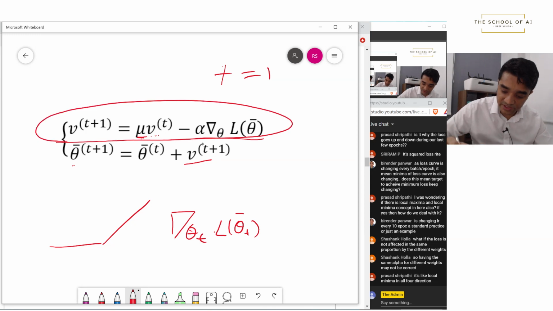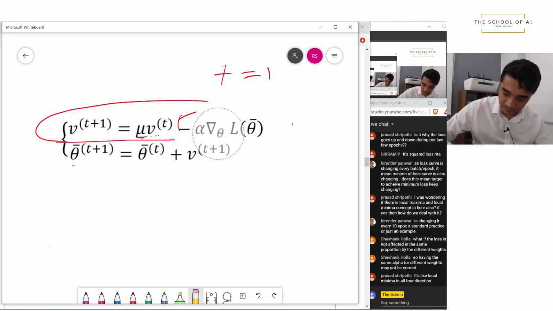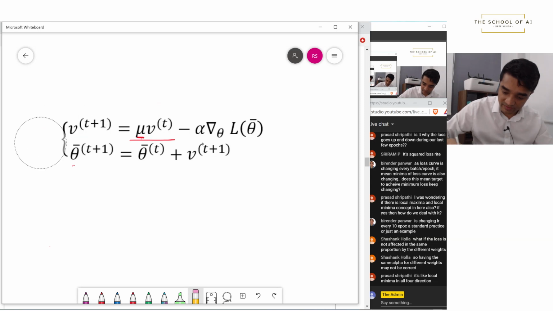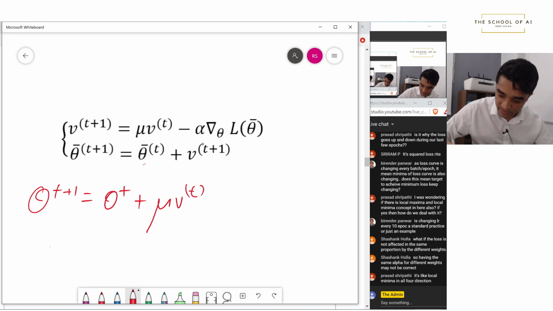What is the equation saying? The equation is saying that this is our normal update, which we use anyway, so that is not a problem. But if you add both the equations, because I want to show you what exactly is happening, our equation becomes theta t plus 1 equals theta t plus mu into v t minus alpha times the gradient, right?